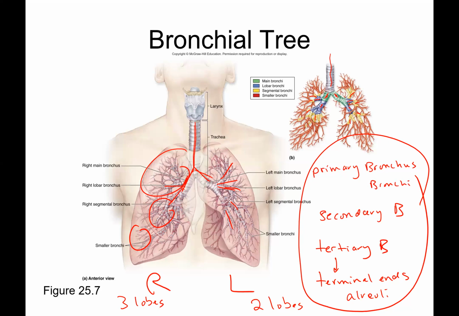All right. Another thing clinically, since we're here, is if a person is going to get something stuck in the lungs, so aspirate or whatever, it will likely go into the right lung because the primary bronchi sits more vertical and the left sits more horizontal.